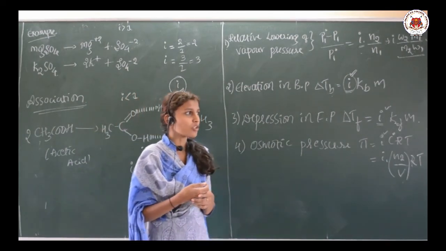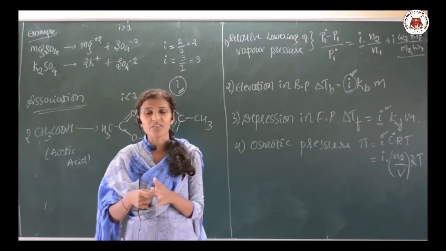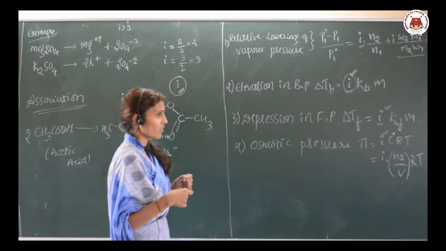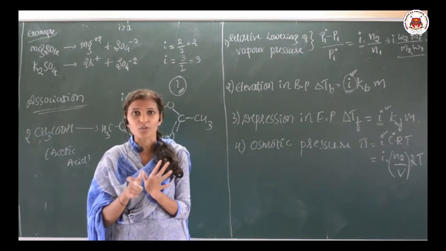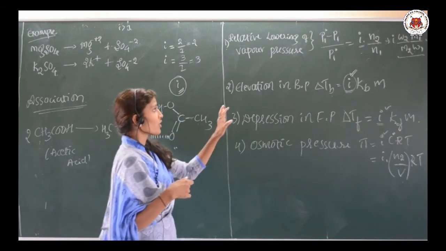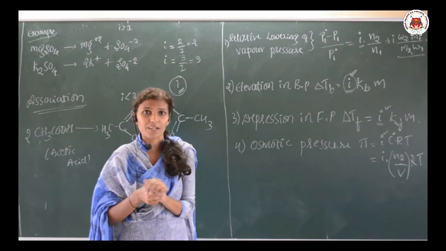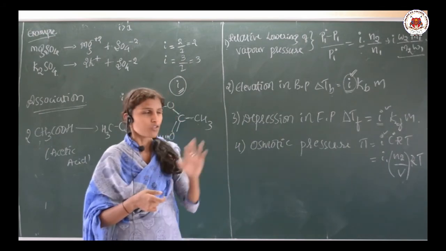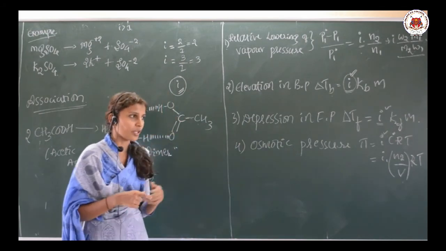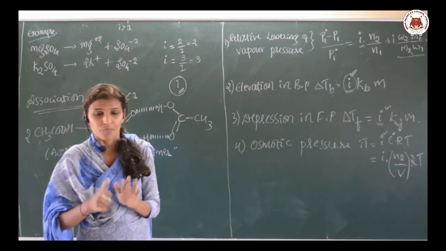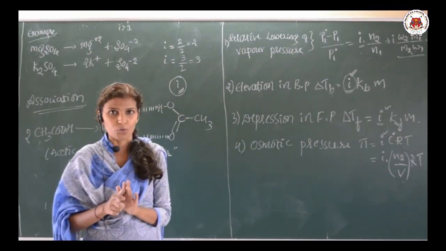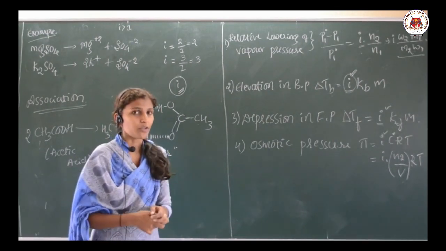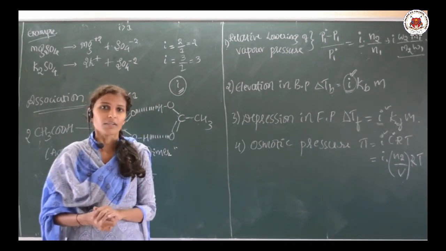And one more thing: in salty places where ice is covered, we add salt to melt it. So, the depression in freezing point is the application used there. All these are applications of colligative properties. So, finally, the chapter Solutions is concluded. In our next video, we are going to start with a new lesson. Thank you.